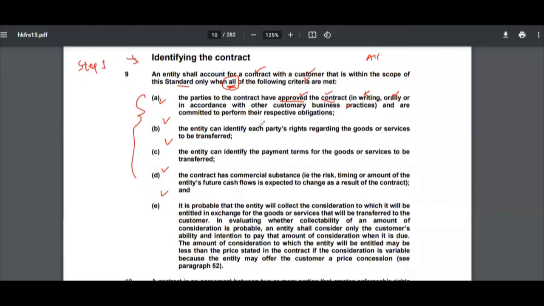Part B, the entity can identify each party's rights regarding the goods or services to be transferred, right? So basically outlining the obligations. There should be a clear understanding of what the contract is basically about, right?